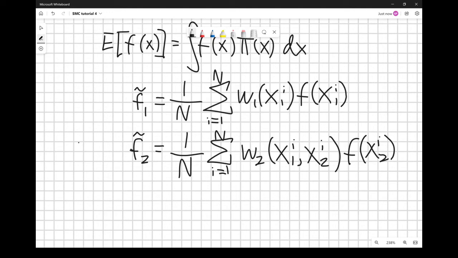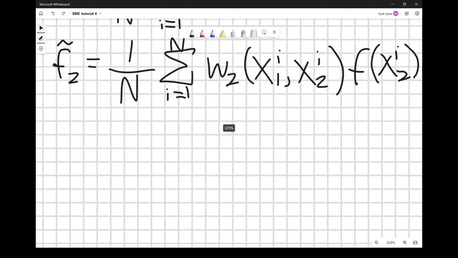So now we're moving towards an objective for our L-kernel. We want our L-kernel to minimize the variance of our estimate. Again, just remembering that our estimate is itself a random variable.